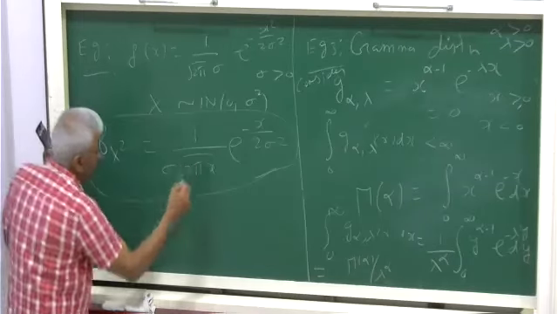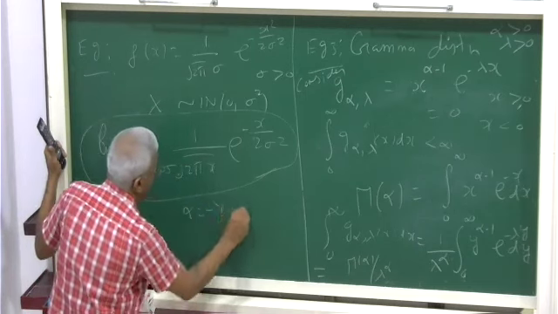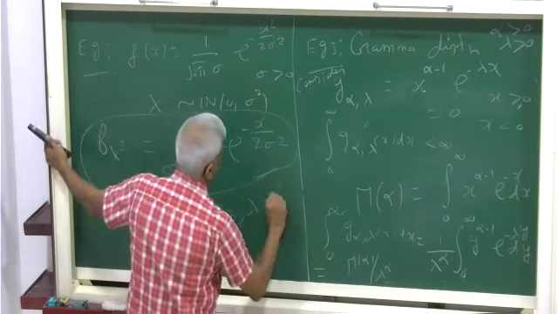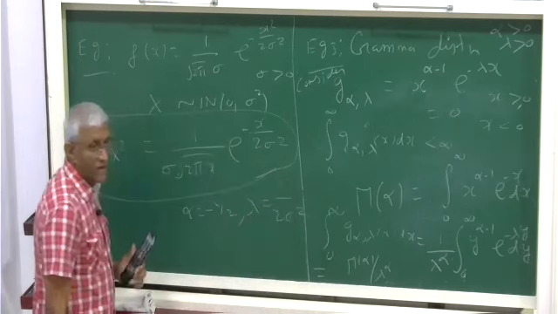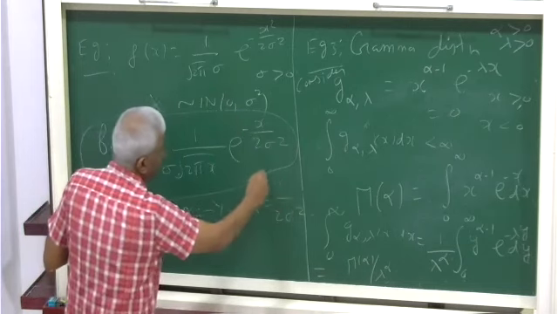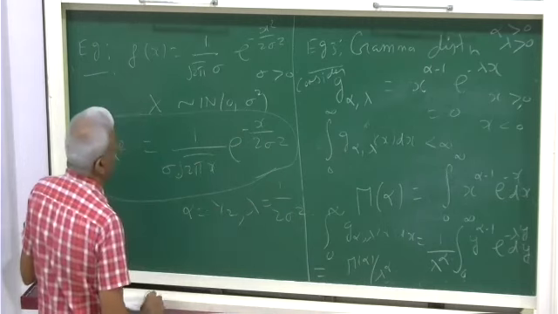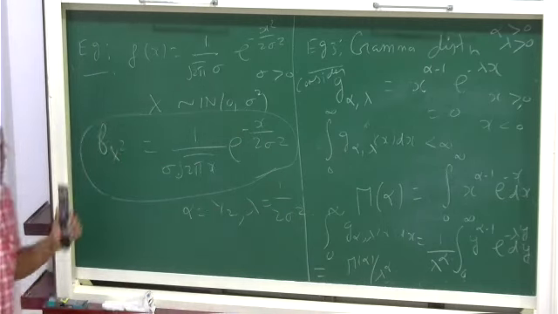This is just the random variable to the power minus half, and lambda equal to 1 by 2 sigma square. So you get rid of sigma, 2 sigma square equal to 1. It is just alpha equal to half. Sorry, alpha should be greater than 0.